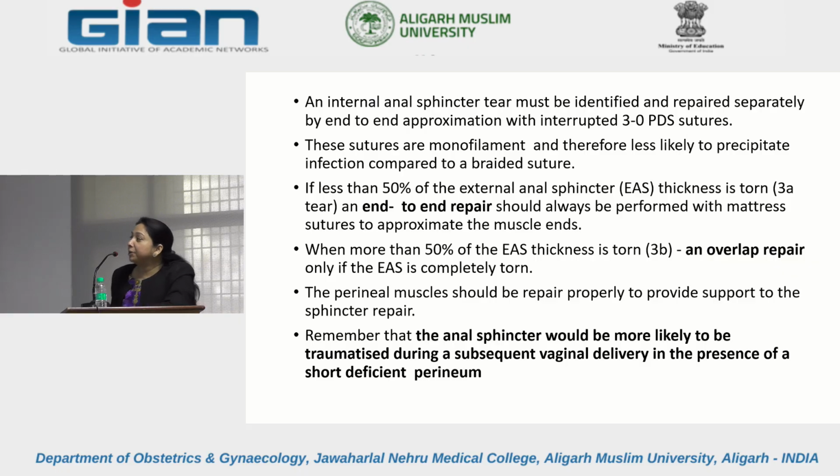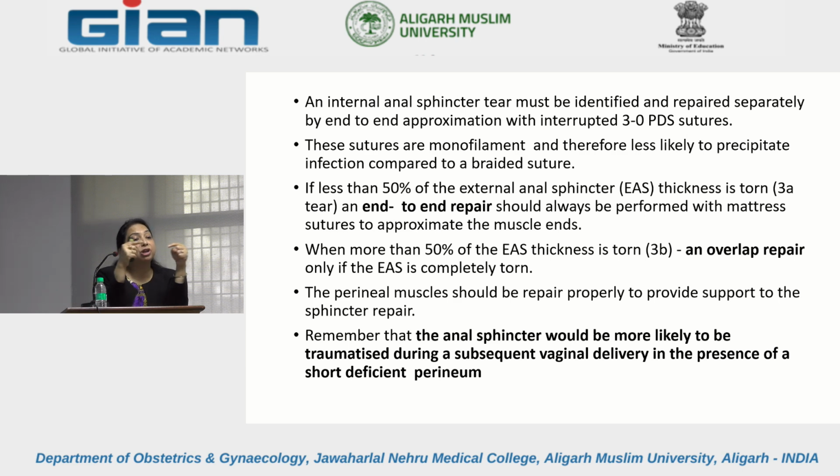If less than 50% of the anal sphincter is torn, there are two methods of repairing the anal sphincter. One is end to end, just approximating. Another is overlapping. Overlapping requires more expertise than end to end. Number two, it requires more relaxation and more lateral dissection.